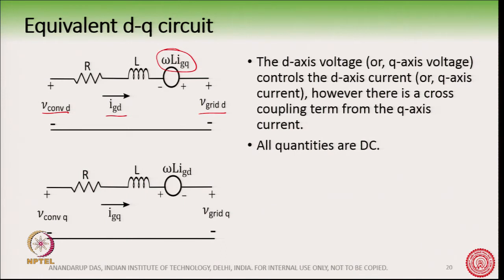The important thing is that all these quantities are DC quantities: I_grid, I_gd, I_gq are all DC quantities. We may have perturbations and transient changes, but at steady state all become DC quantities.